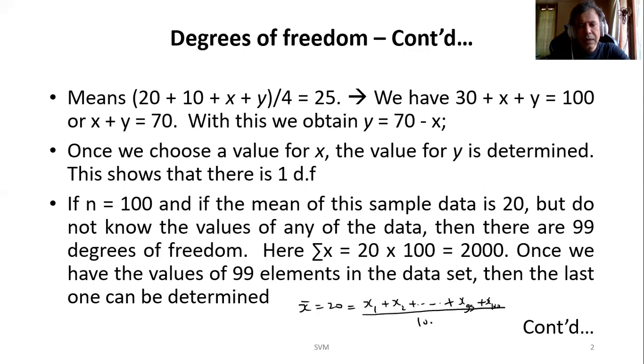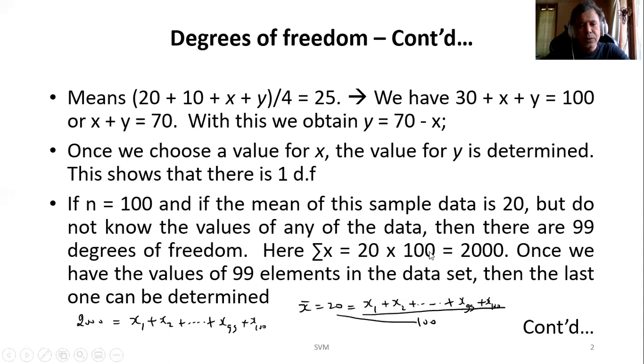There are 100 observations. So if I cross multiply, I will have 2000 is equal to x1 plus x2 plus and so on, x99 plus x100. I can vary any of the 99 values, but one value I cannot vary, it will automatically get calculated.